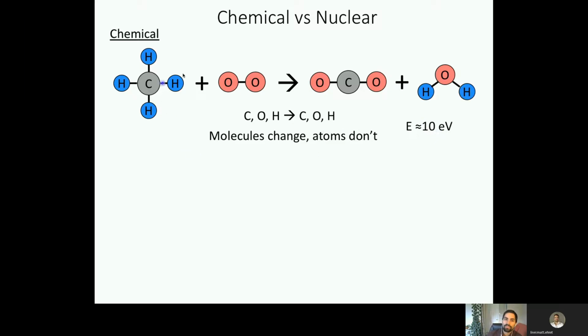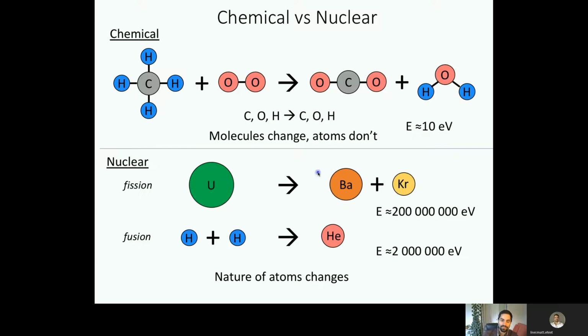Now, if we try to represent a nuclear reaction in the same way, it would look something like this. We have an atom of uranium. It fissions and it becomes different atoms, in this case barium and krypton. This is a fission reaction.